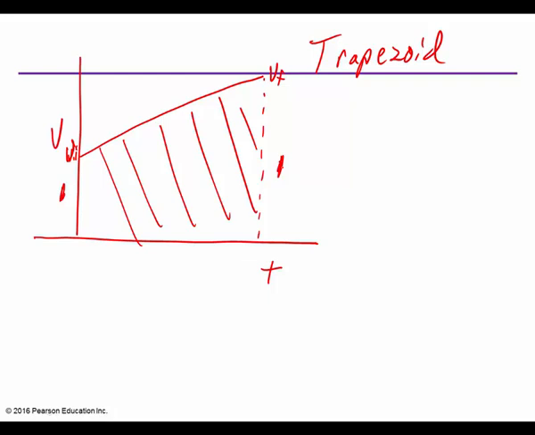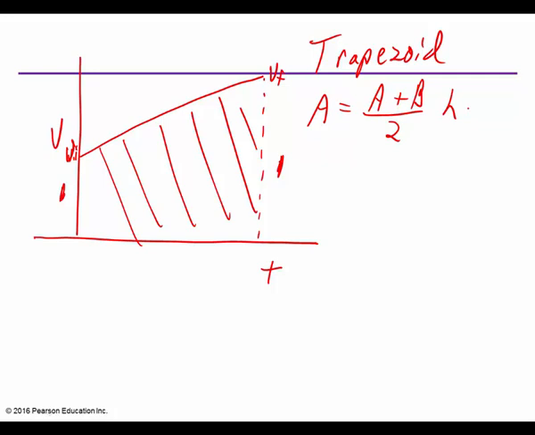The formula for the area of a trapezoid is equal to A side plus B side divided by 2, or times 1/2, times what? The height. So let's look at our trapezoid and see if we can come up with another equation. Well, we most certainly can.